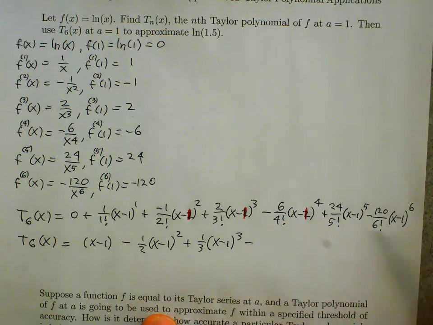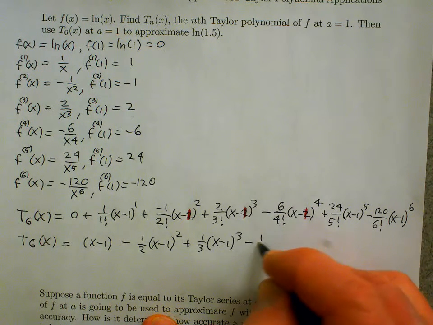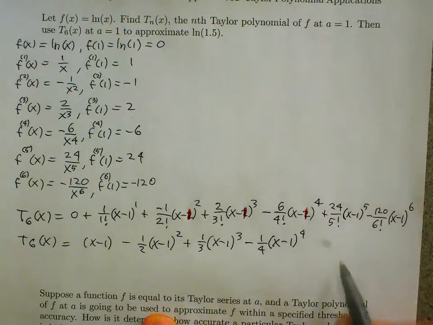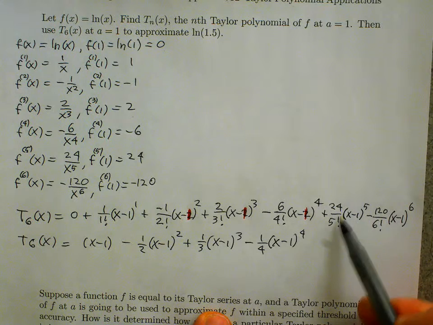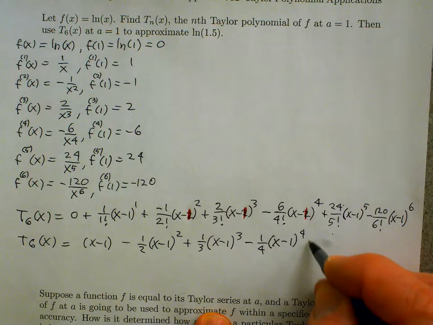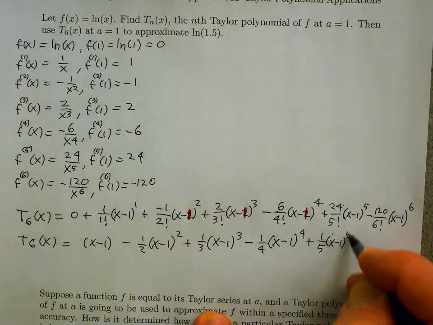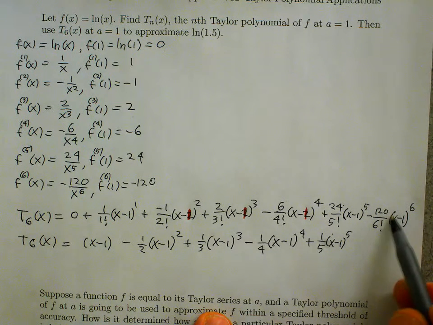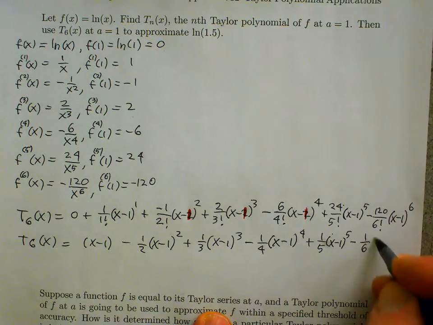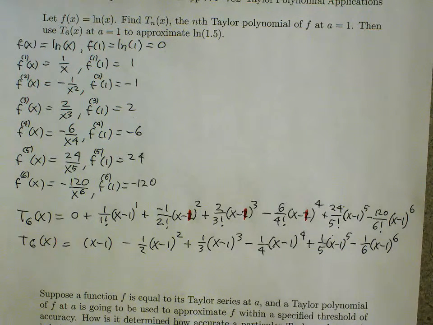And then minus 6 divided by 4 factorial is 1/4, times x minus 1 to the fourth. 24 divided by 5 factorial is 1/5. And then finally, minus 120 divided by 6 factorial is minus 1/6 times x minus 1 to the sixth.